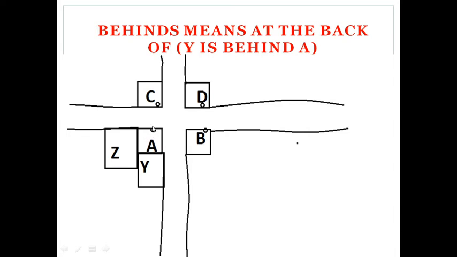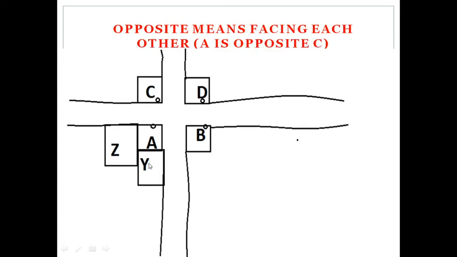This is the front, the door, the entrance of A. So where is the back of A? This is the back of A. And who is at the back of A? Y is at the back of A. So Y is behind A. Is that clear? So when they say the building behind A, you just pick Y, if this was a map reading scenario. So we'll move over to the next one.